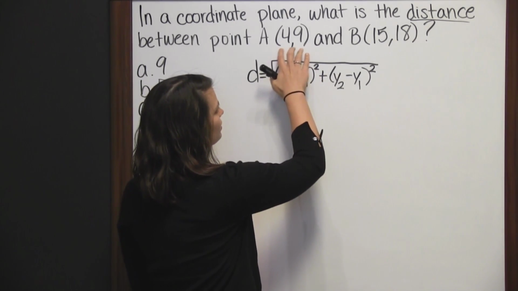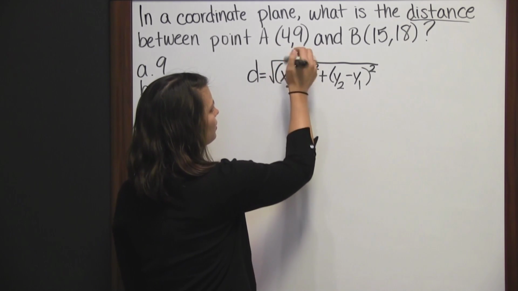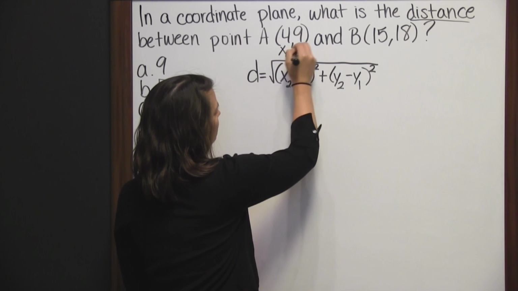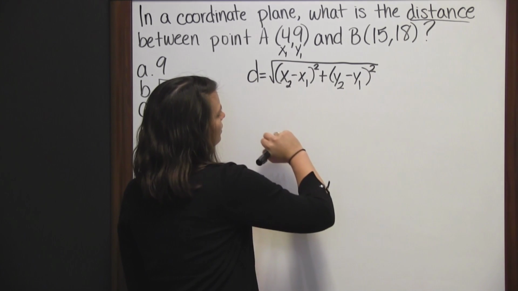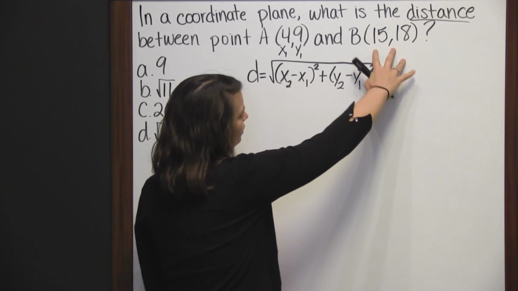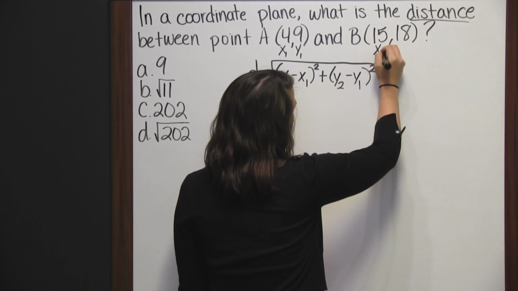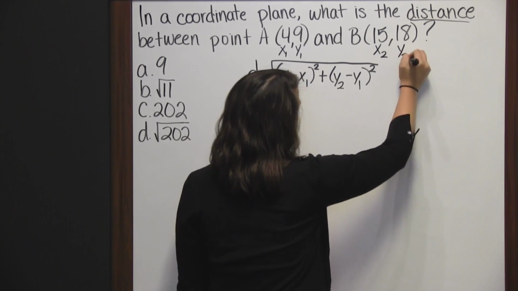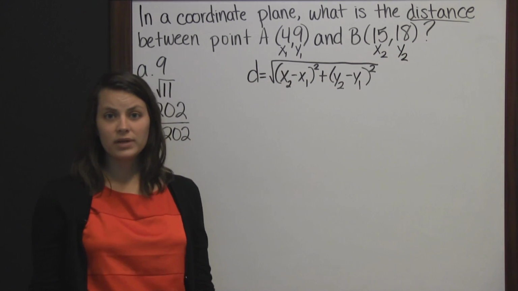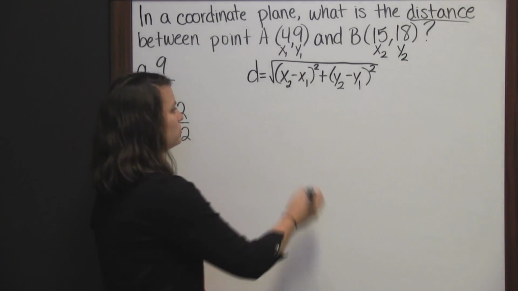For instance, this is my first ordered pair. So this will be my x1, y1. This is my second ordered pair. So this is my x2, y2. Now all we need to do is substitute.